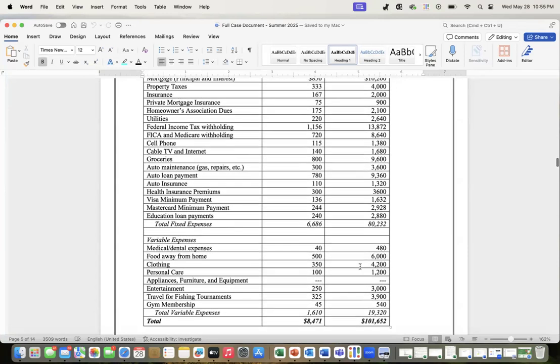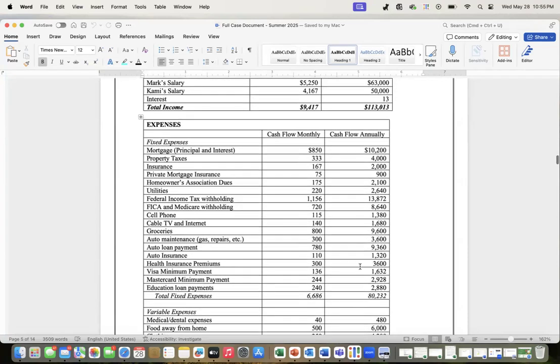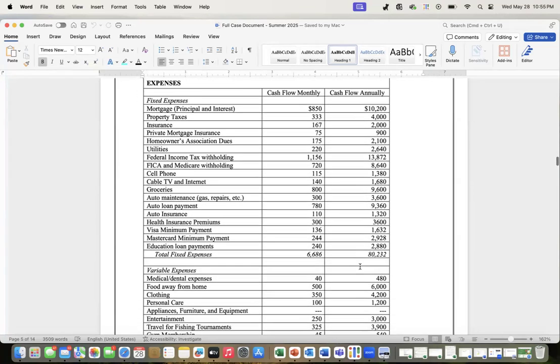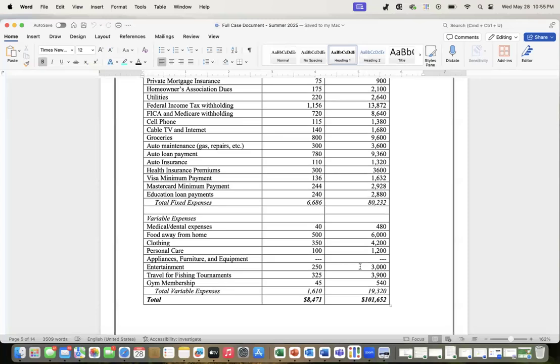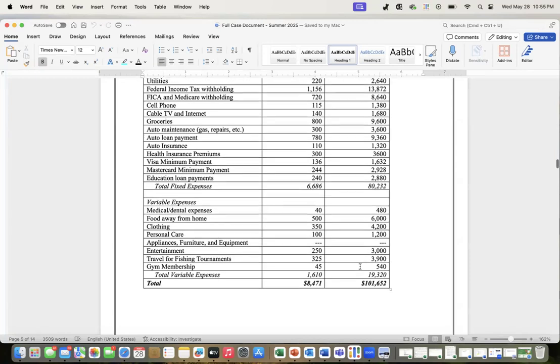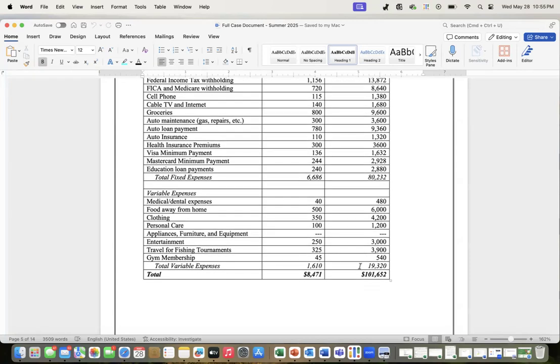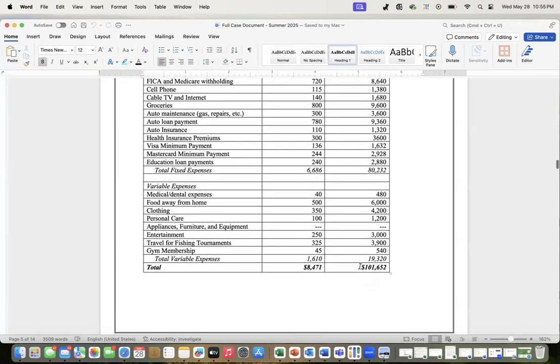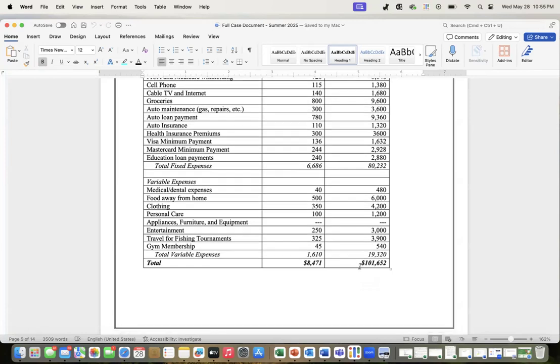And so one of the things that I'll point out to you right off the bat is that Mark and Cami are working with about a $12,000 surplus over the course of the year. So they do have some money that's going to be available to address some of their goals. But as with most financial planning clients, their goals are going to be a little bit more expensive than the cash they have available.